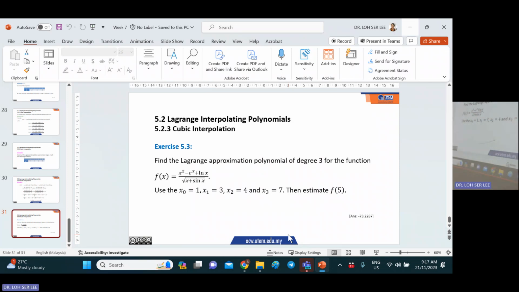Get the corresponding y value. Get the points and then form the polynomial function. Then substitute all the x0, x1, x2, x3, and all the f(x0) until f(x3). Then substitute x by 5 to get the estimation.